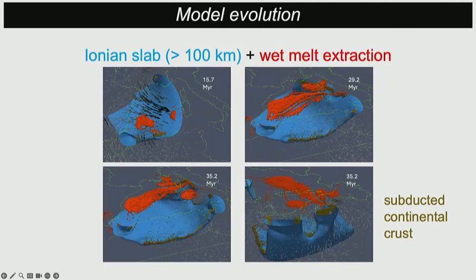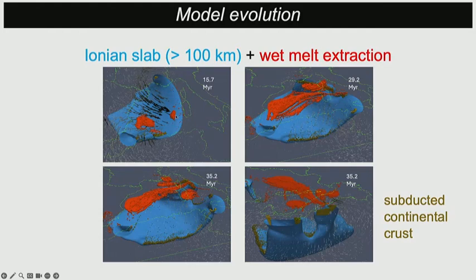Here we can see four snapshots. This is after 16 million years, this is after 30 million years, 35 million years, and again the same but from a different angle. So you can see that we can extract lots of these magmatic products, which cannot be related to the dehydration of the slab.